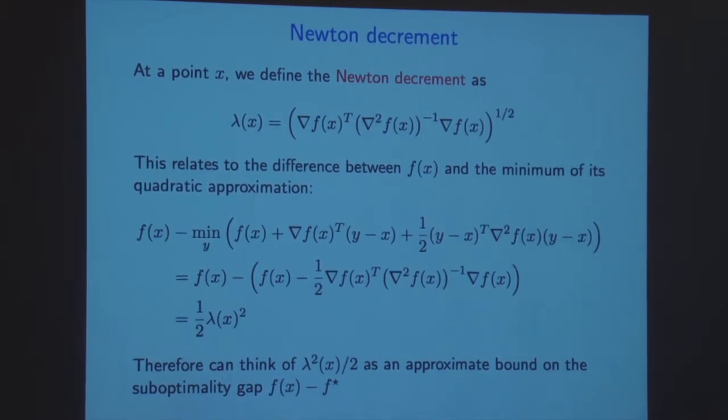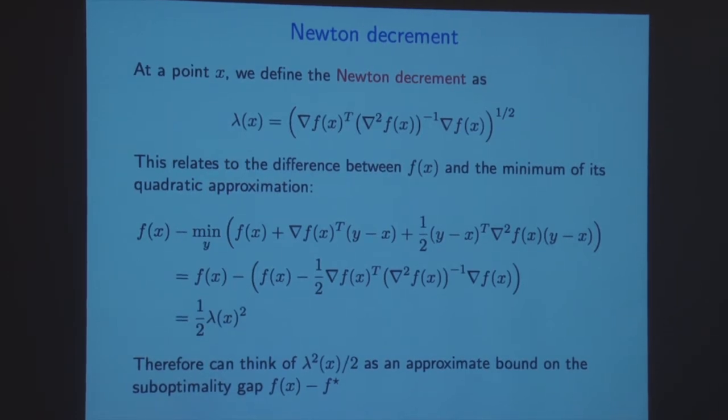It's not really bounding f of x minus f star. It's really bounding f of x minus the minimum of the quadratic approximation of f. But nonetheless, we can think of it in that fashion, and under certain conditions, I think we might talk about this later. I can't remember if I put it on the slides. You can actually use this as a rigorous suboptimality gap.